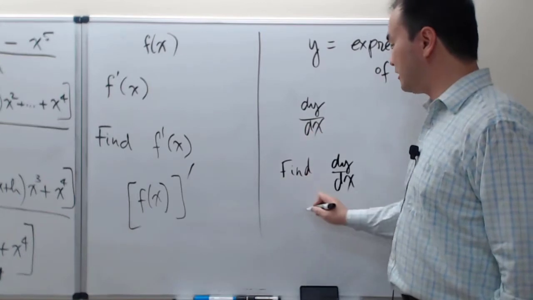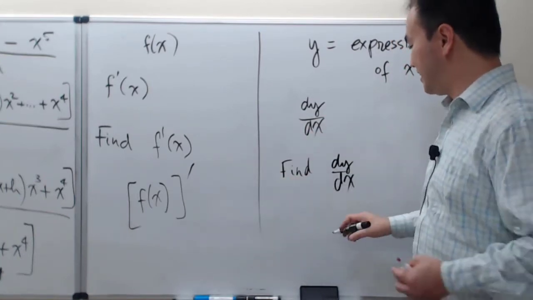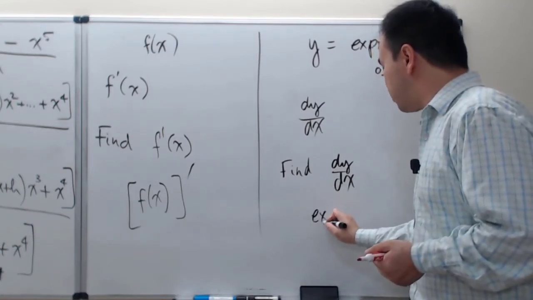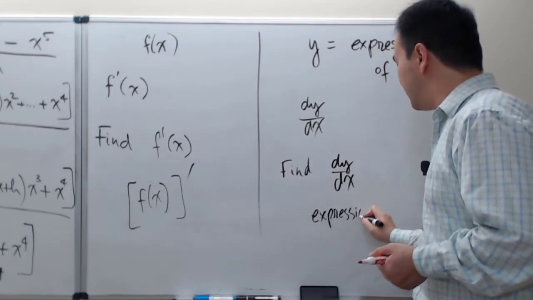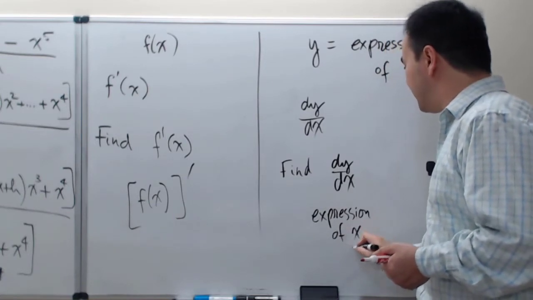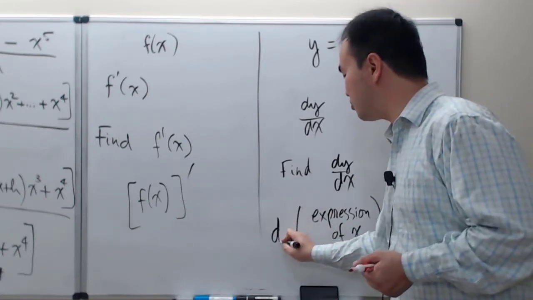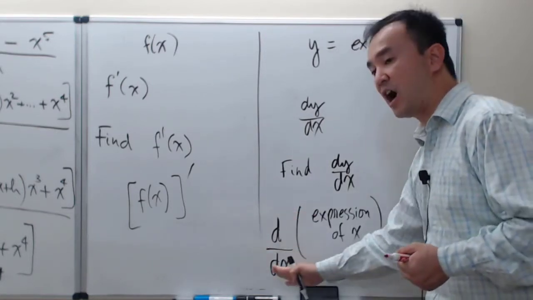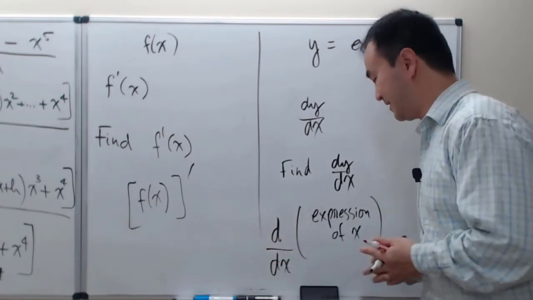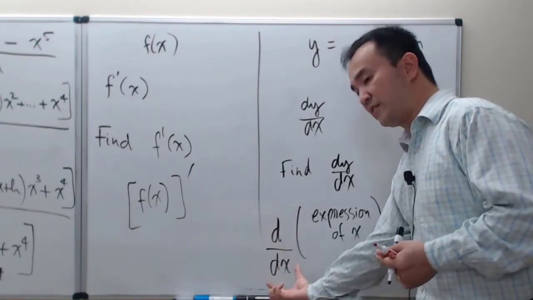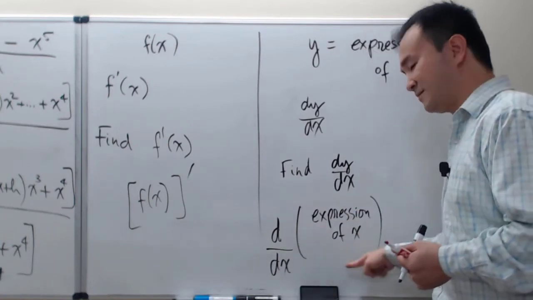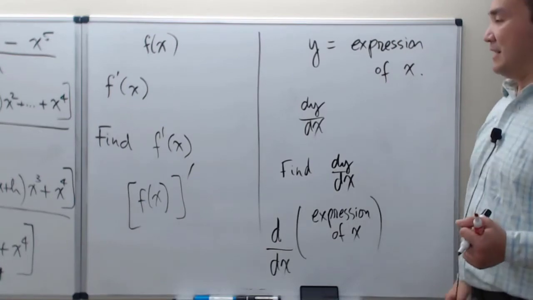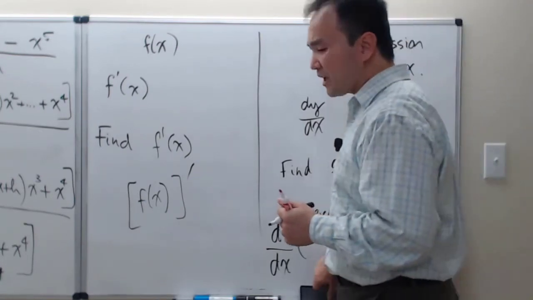All of that is equivalent to your expression of x, but people are going to attach the symbol d that stands for find the derivative with respect to x right here. So this is an operator or an instruction telling people, hey, find the derivative, treating x as the main variable on whatever function is written here as the expression of x. And a quick usefulness of that.